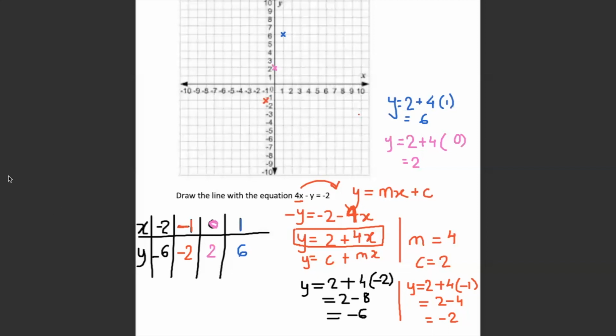And the last one, minus 2, minus 6. Minus 2, minus 6 in black. So minus 2, minus 6 is this. So let's take a ruler and join these 4 points there.